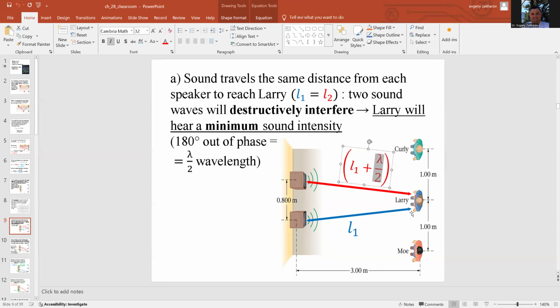So the first wave travels whatever distance L1, then the second wave must be traveling the same amount that the first one travels plus the lambda over 2 to make it out of phase.